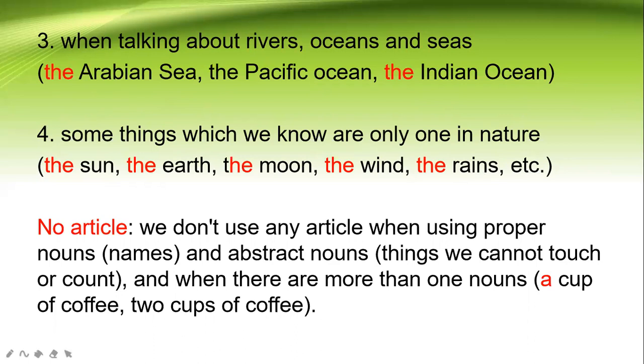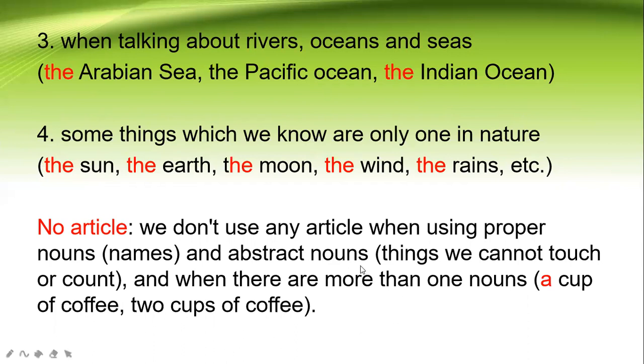Then there is also a case of no article, where we don't use any article. We don't use "a", we don't use "an", we don't use "the". So when does that happen? We don't use any article when using proper nouns, that is names of places, names of things, names of animals, people.